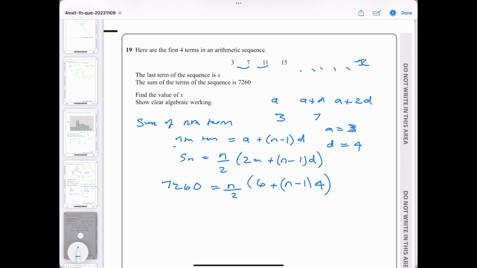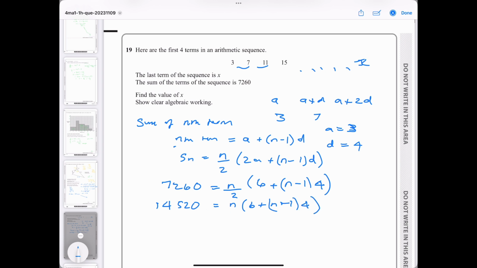I'm going to start by multiplying 7260 by 2, which equals 14520, and that's n times 6 plus n minus 1 times 4.